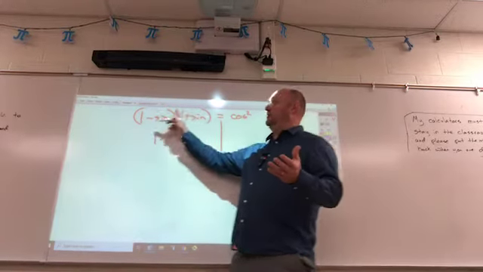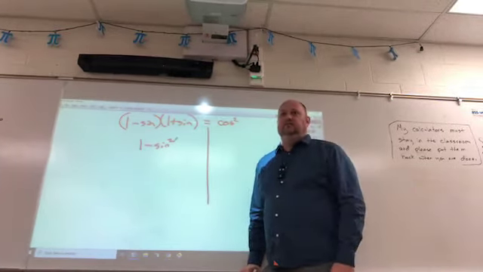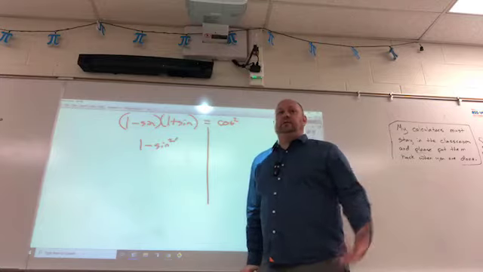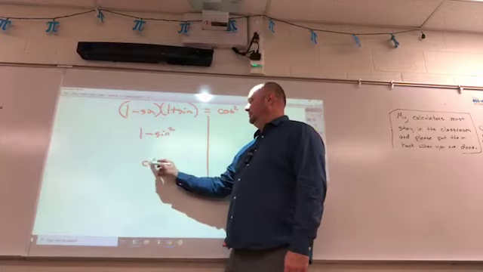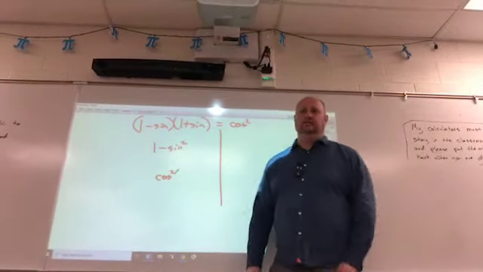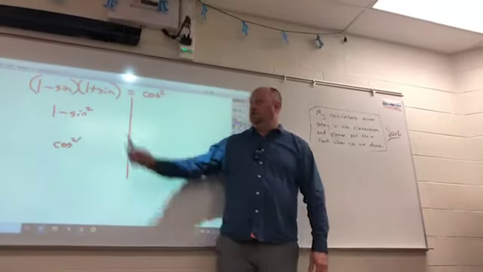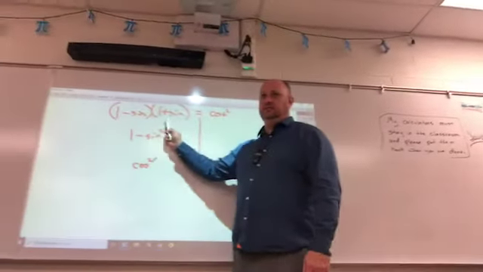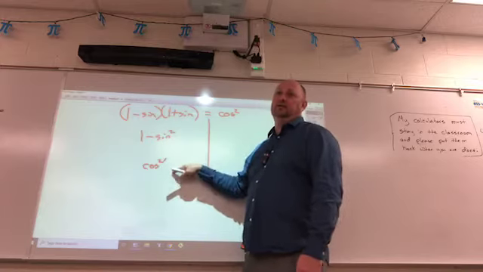Isn't that just a factored version of a difference of two squares? Is there a substitution I can make? What's equal to 1 minus sine squared? Cosine squared, and you're done. So all I did was FOIL, and then this is a substitution. That's in your toolbox.